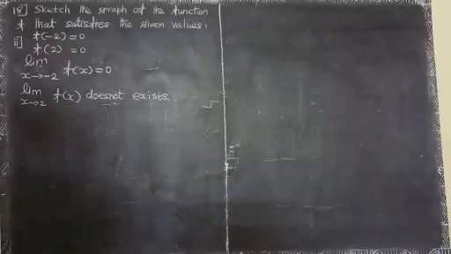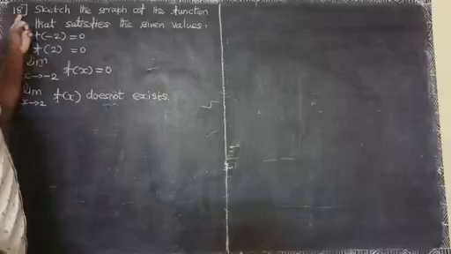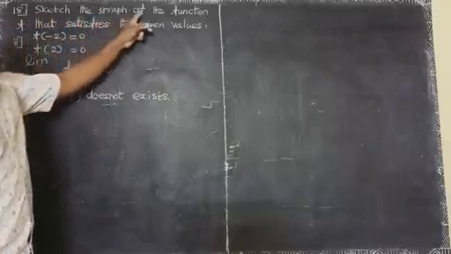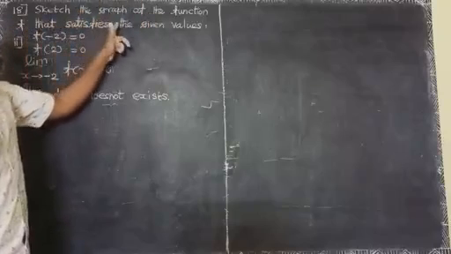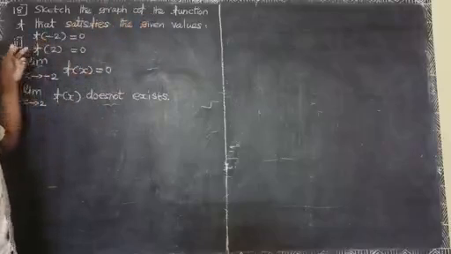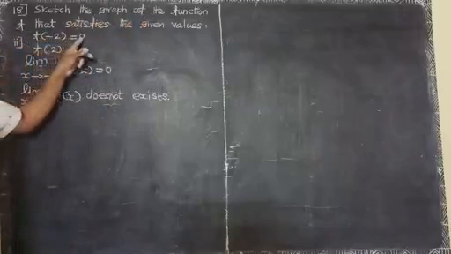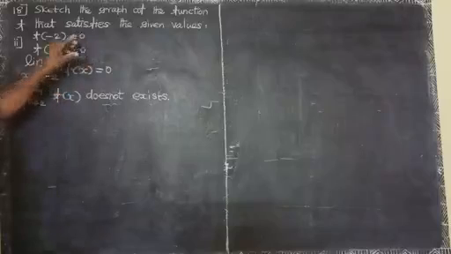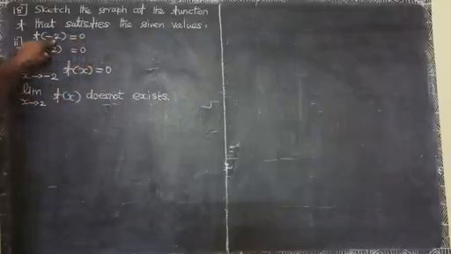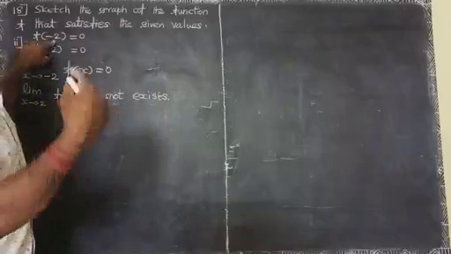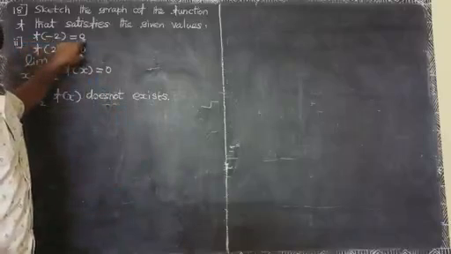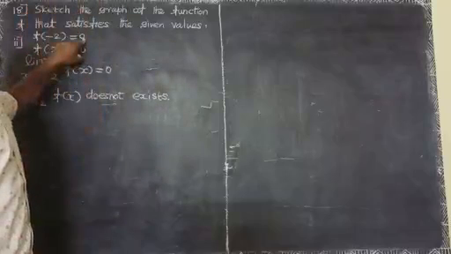Next, exercise 9.1, question number 18. Sketch the graph of the function f that satisfies the given values. Second subdivision, f of minus 2 equal to 0. It means substitute x equal to minus 2, f of x approaches the value 0. That means y approaches the value 0.